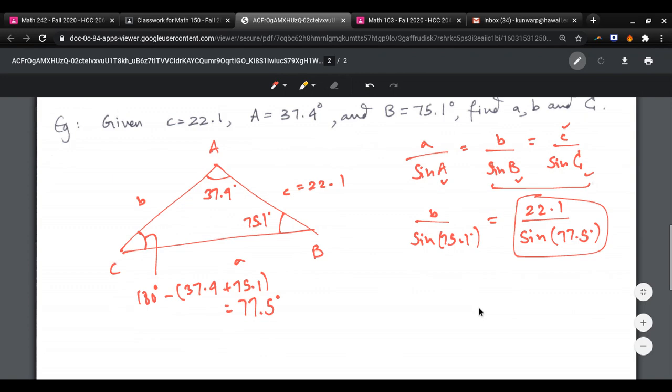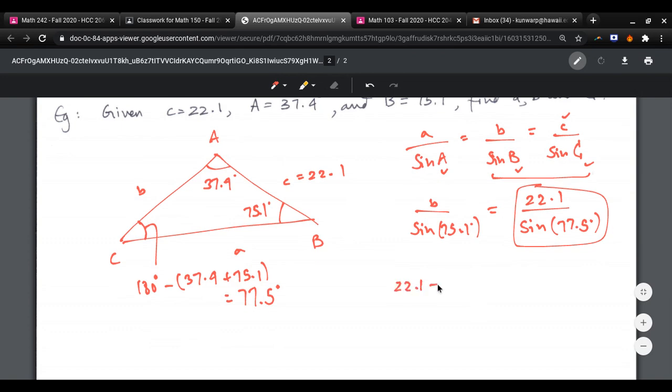If I plug in 22.1 divided by sine 77.5, I am going to get 25.63.